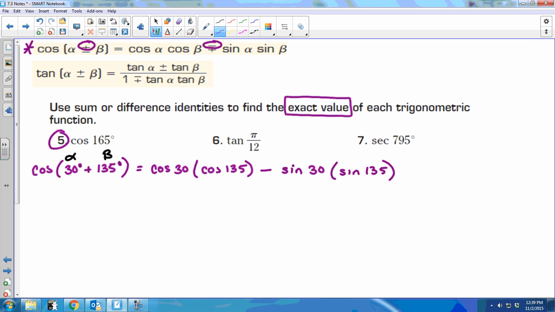Now, all of you are trying to use your calculators. That's not going to work very well. So I use the unit circle, because we're trying to find exact values. I have radical city, so your calculator isn't going to help you. All right, so we're going to use the unit circle to find all these values. So cosine of 30, if you look at the unit circle, is square root of 3 over 2.